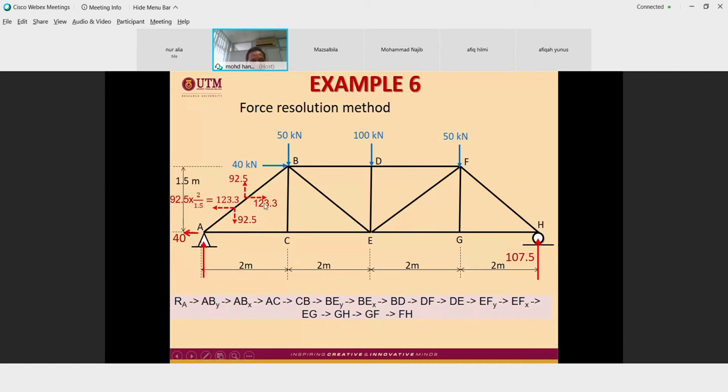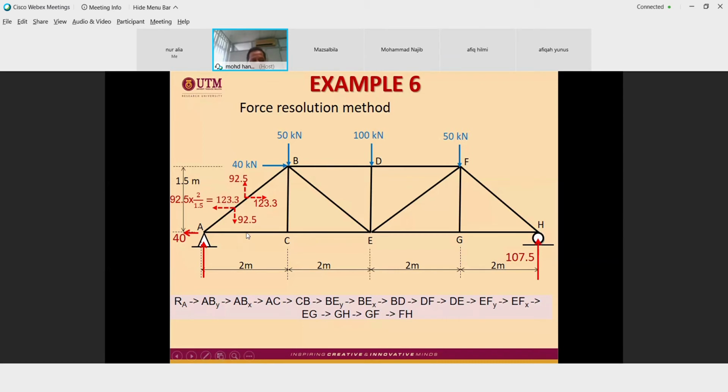That is, this is 123, this is 92.5. No calculation, just take this value. Now this member is in equilibrium. Once you know this is 123 horizontal, then we can go to AC.